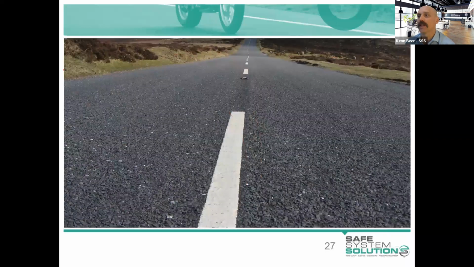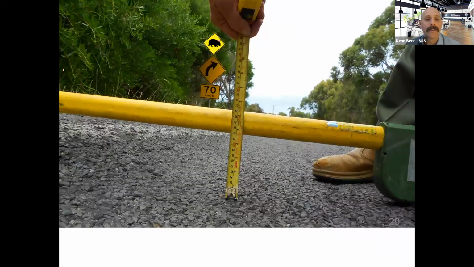So good surfaces like this one, like all the roads around Australia, New Zealand, around the world, no doubt. Unfortunately not. So we see depressions in the road. So this will destabilize a rider, make them potentially lose traction, and bounce them into other lanes and the like.